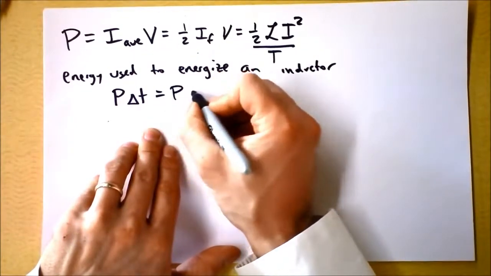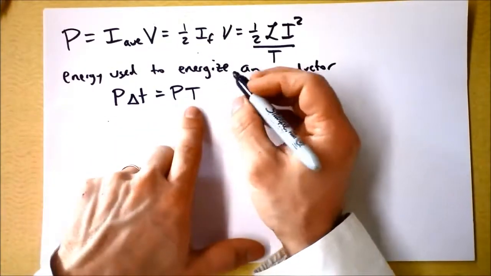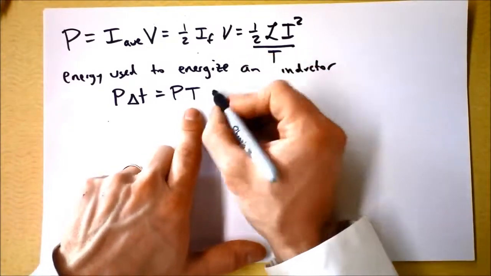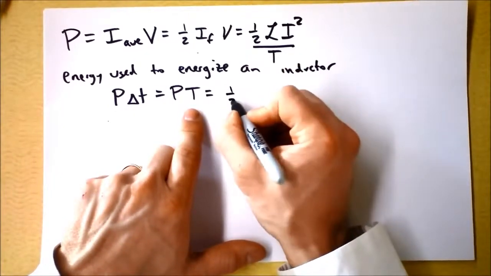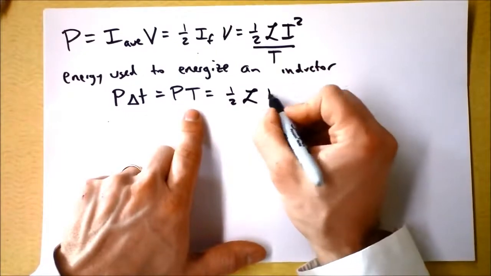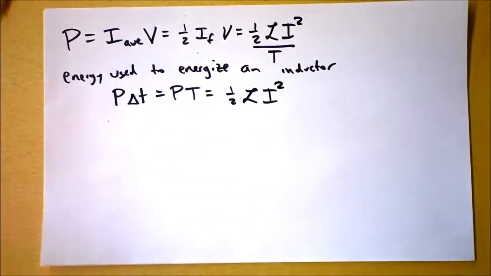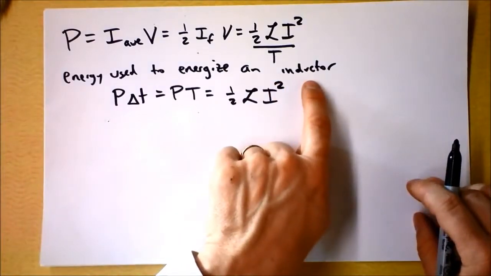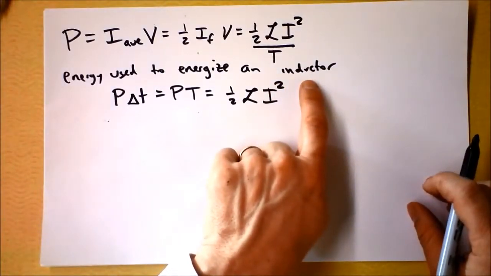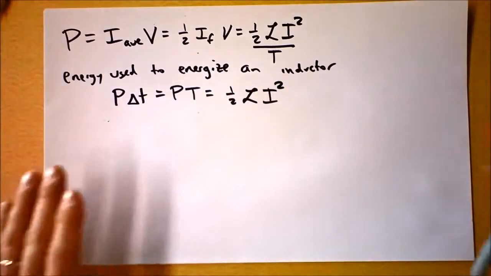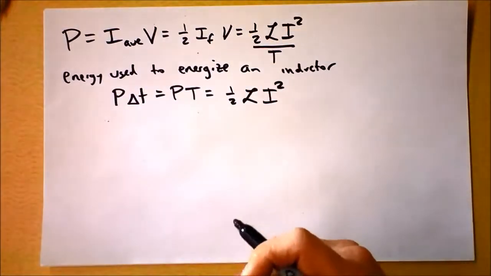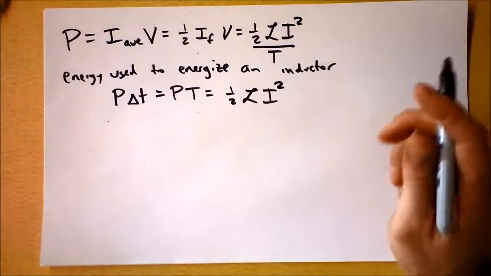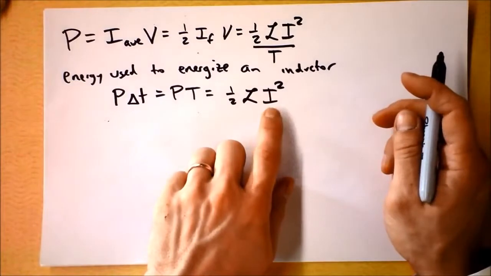So it's power times this capital T that I'm using here, and that is simply 1/2 L I squared. And wait a second. If I had to use that much energy to get a current going through an inductor, because it's got some inertia, I am pushing to get a current to go through that thing, then that's the energy being stored in the inductor.